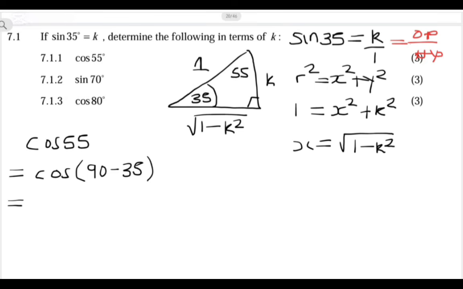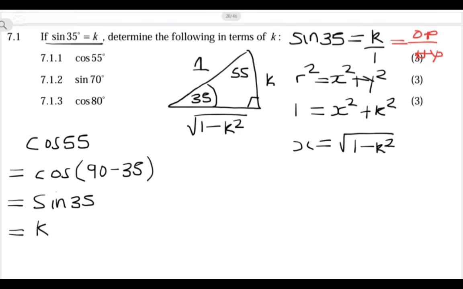This is a cofunction, and if it's a cofunction, it's going to be sine of this angle, which is 35. From here we can make use of our diagram. Sine of 35 we already have, it equals k. So our value of cos 55 is equal to k, because sin 35 is equal to k, as we're already given.